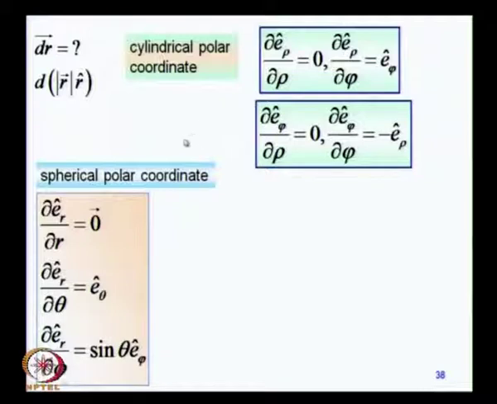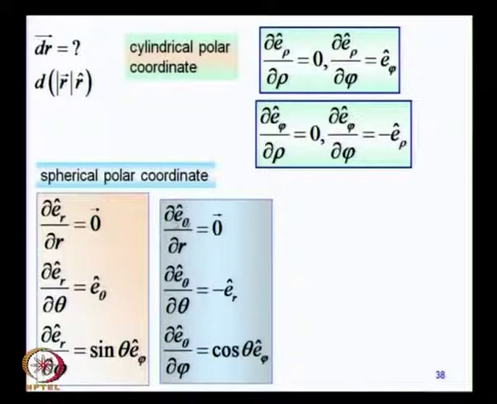In the spherical polar coordinate system, if you consider the dependence of the unit vector e r along r, theta and phi, then with respect to the polar distance there is no variation. With respect to the polar angle, the variation will be orthogonal to e r, so it is e theta, and the variation with respect to the azimuthal angle again is orthogonal to e r, it is along e phi, and the component is given by the sine of the angle theta, sine of the polar angle, right.